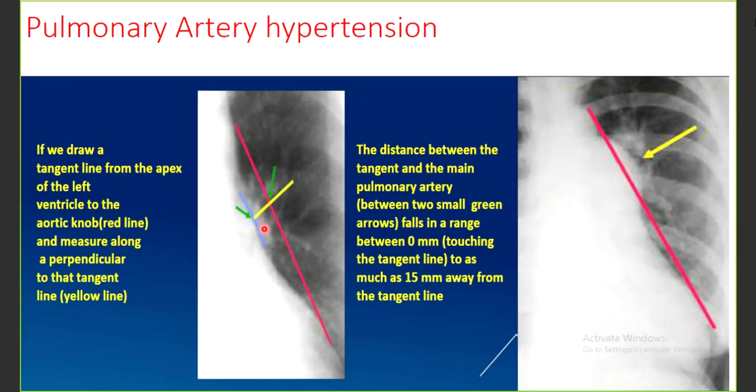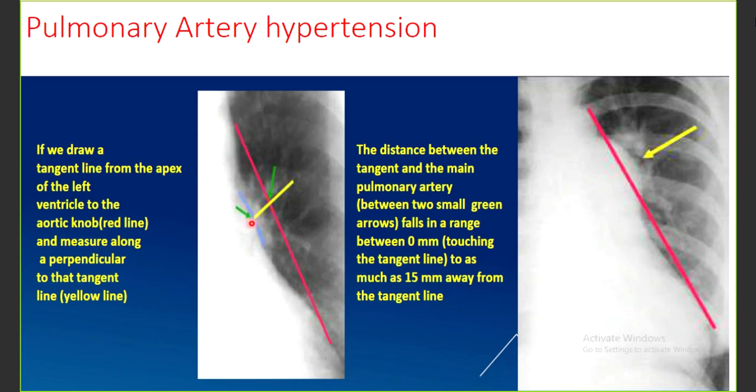Coming to the term pulmonary artery hypertension. Now, it is important that you draw a line from the left border of the heart to the aortic knob, which is the most prominent first curve on the left border of the heart.